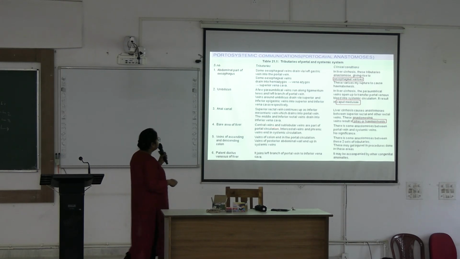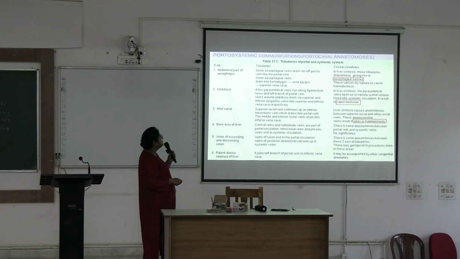Other areas are central veins and sublobular veins, which are part of the portal circulation. These are hepatic veins, tributaries of hepatic veins, and intercostal veins and phrenic veins end in the systemic circulation.